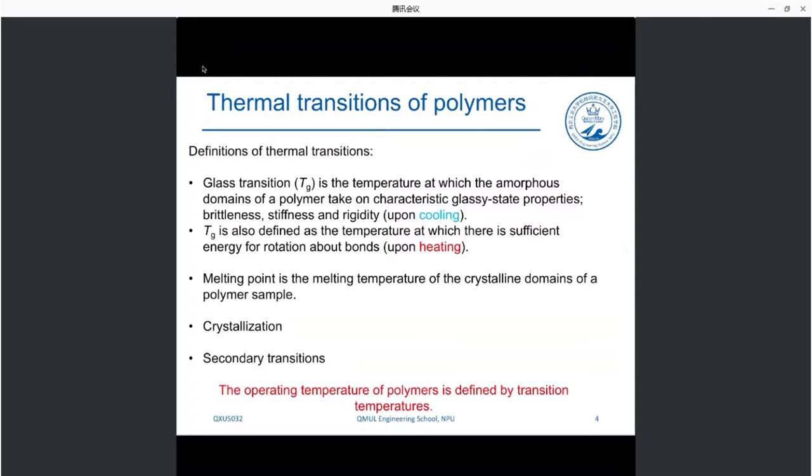So let's look a bit more onto the different types of thermal transitions, okay? In terms of the glass transition, I want you to remember that the glass transition is related to the thermal energy that is required to allow changes on the conformation of the molecules at the microscopic level, okay?